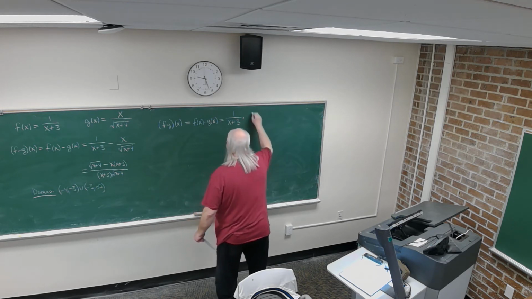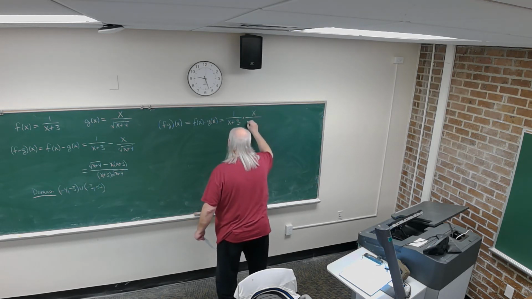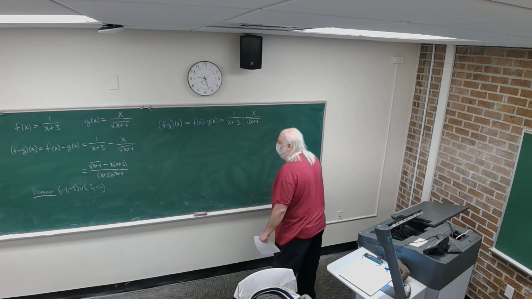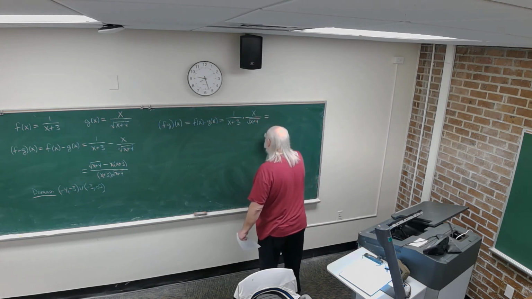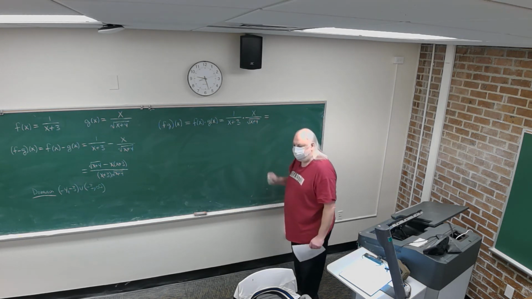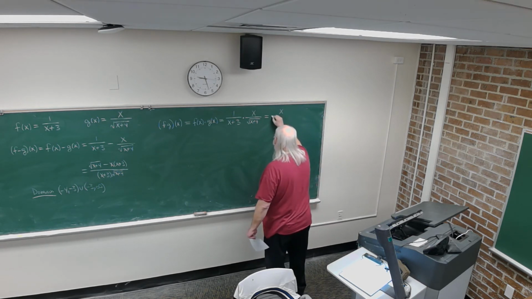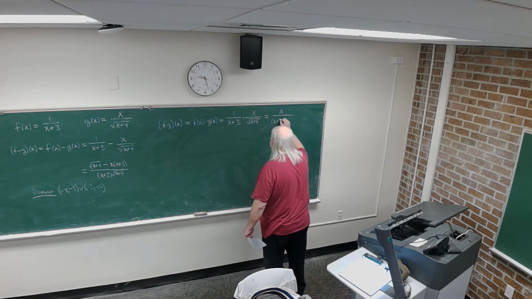G of x is x over the square root of x plus 4. And when you multiply two quotients, you just multiply straight across. 1 times x is x. Then we have x plus 3 times the square root of x plus 4.